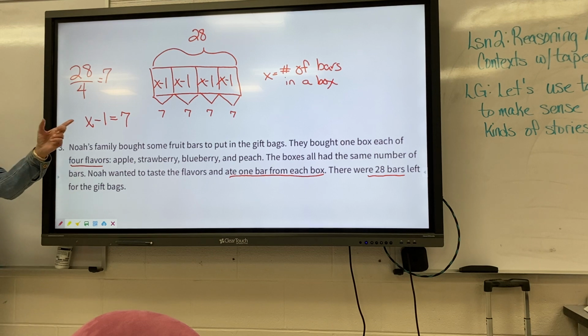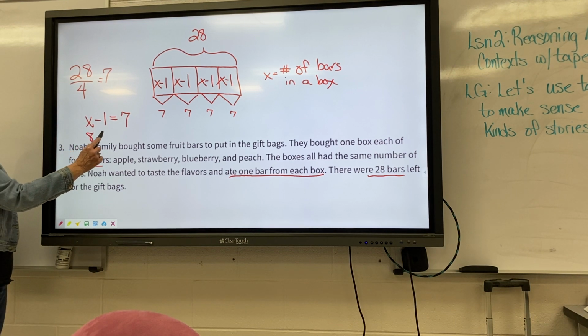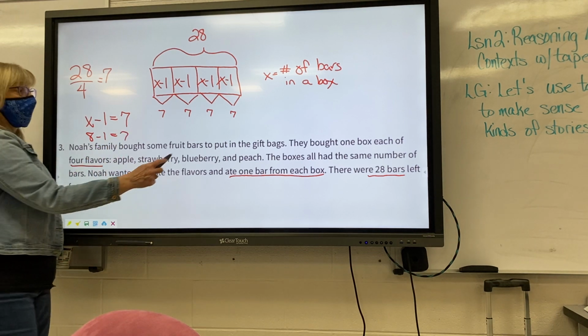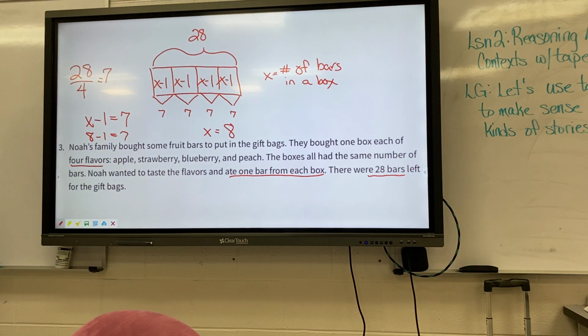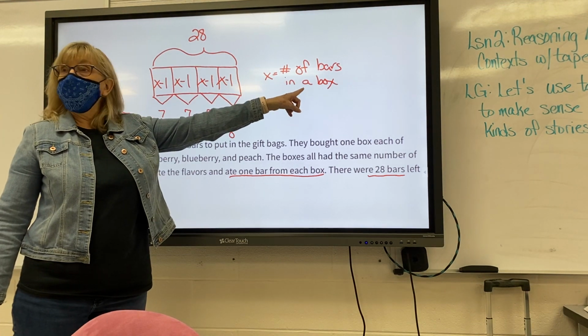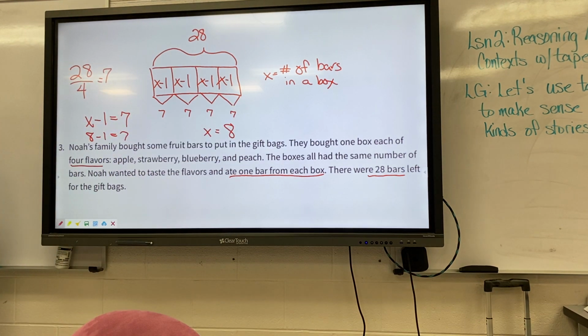If I plug in 8 here, do I get 7? Yeah. Is that a true statement? So our x is 8. Now, what does that 8 mean in this story? There are 8 bars in a box, okay?